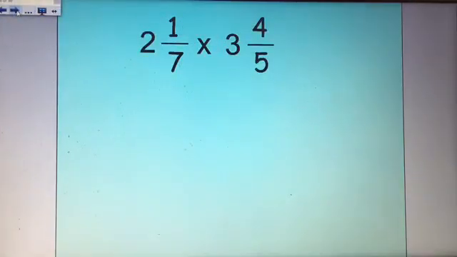Okay, so when you're multiplying mixed numbers, you have to do exactly the same thing, but you just turn your mixed numbers into improper fractions.